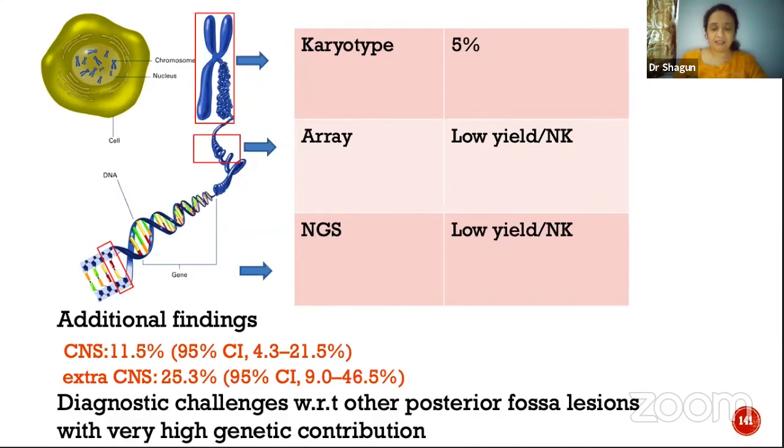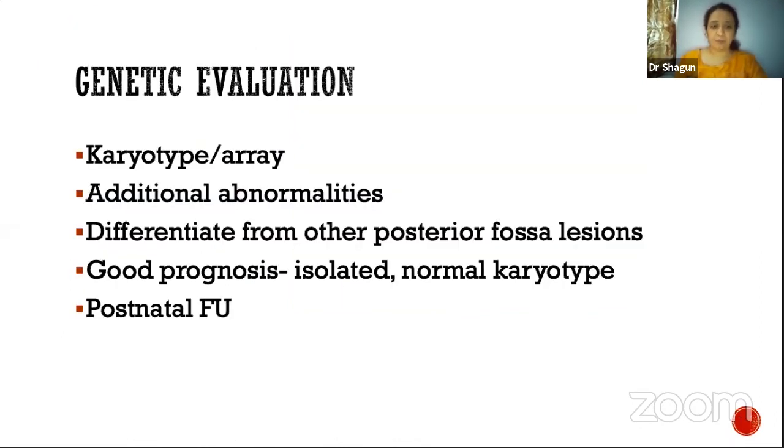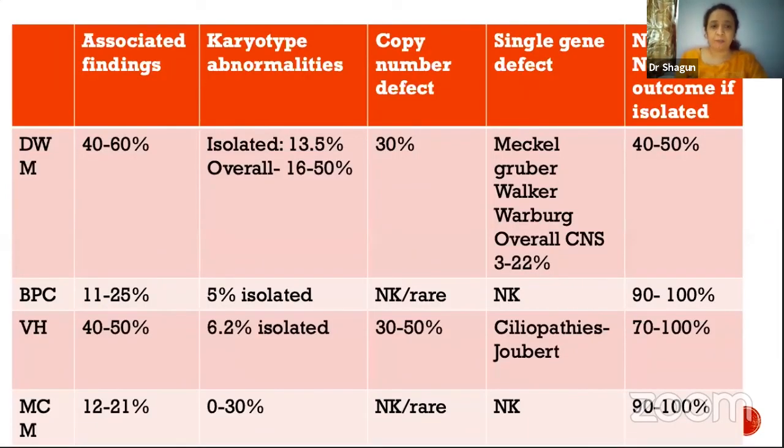But as we have seen now also, we all realize that there are diagnostic challenges with respect to vermis hypoplasia and other posterior fossa lesions. So this is very important. The imaging is really important because these other lesions have a very high risk of being associated with genetic syndromes, and they will recur also.